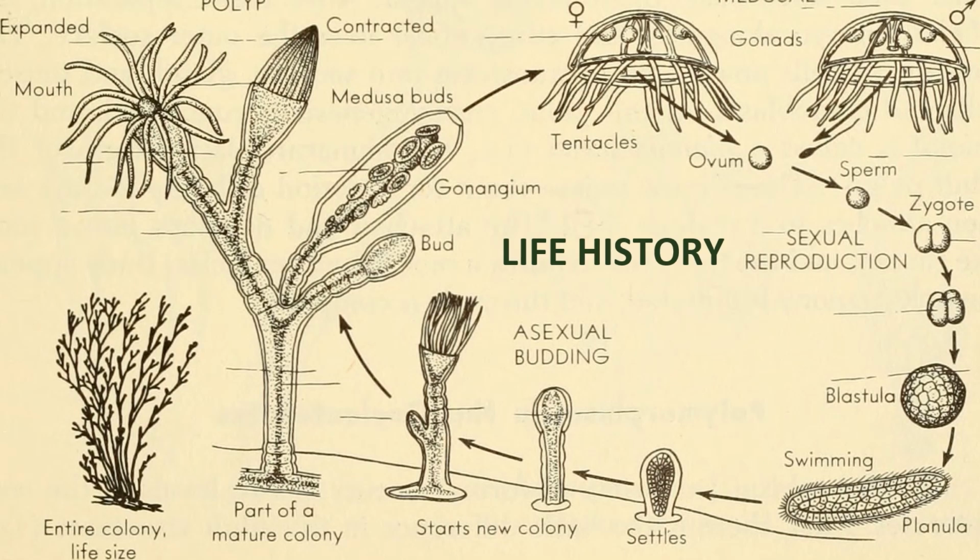The hydroid colony has no gonads and reproduces by asexual budding to give rise to medusae. On the other hand, medusae reproduce exclusively by the sexual method to give rise to new hydroid colonies.